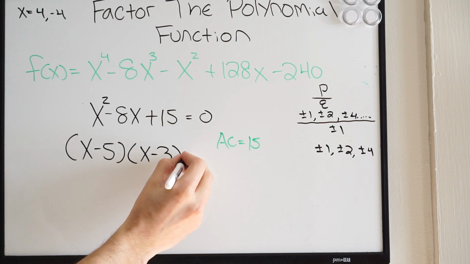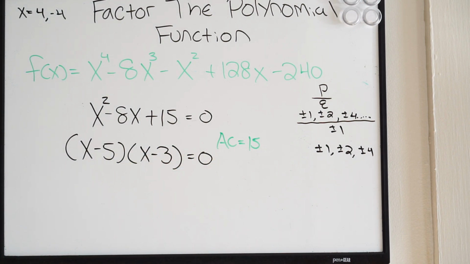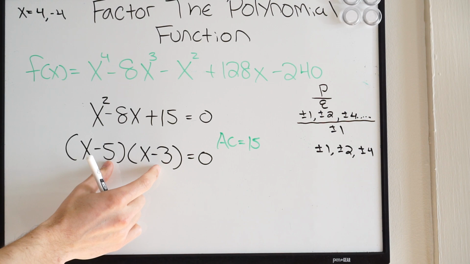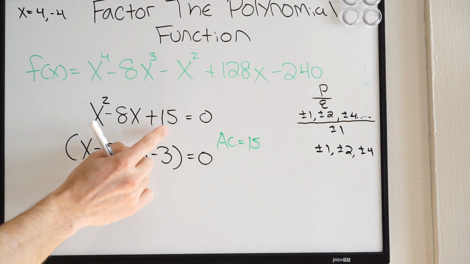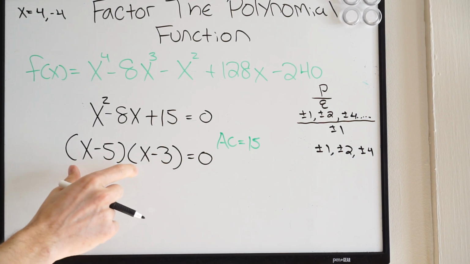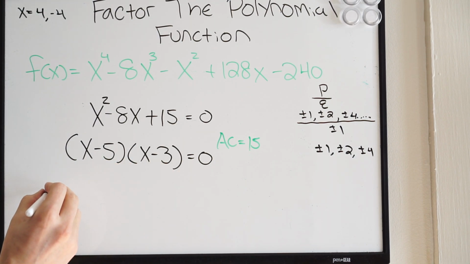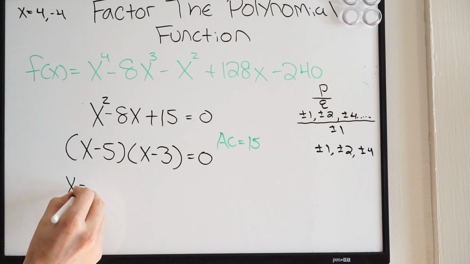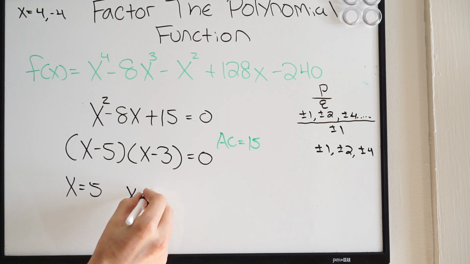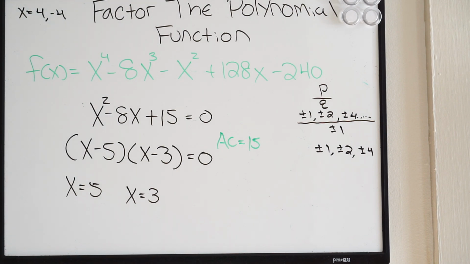And again, this is all equal to 0. We can see when we multiply these two numbers, that will be 15, but when we add them, it will be negative 8. And if we solve each one of these factors, we'll have x equals 5 and x equals 3.